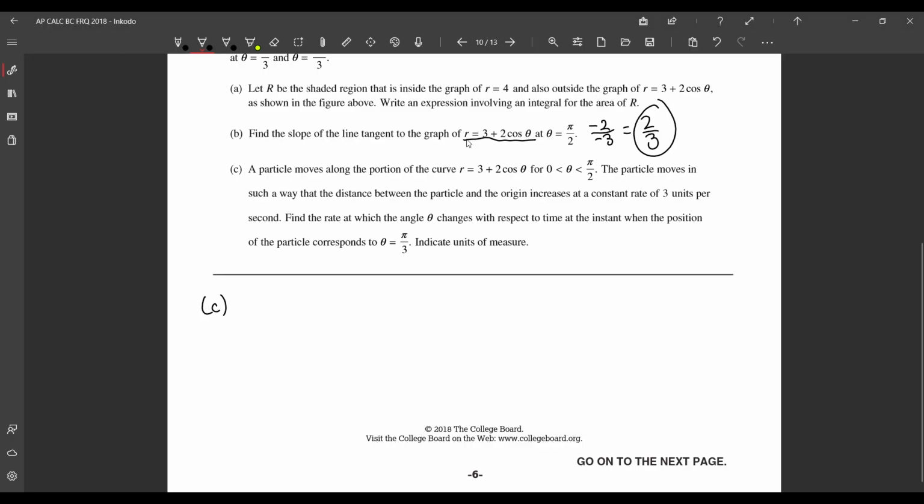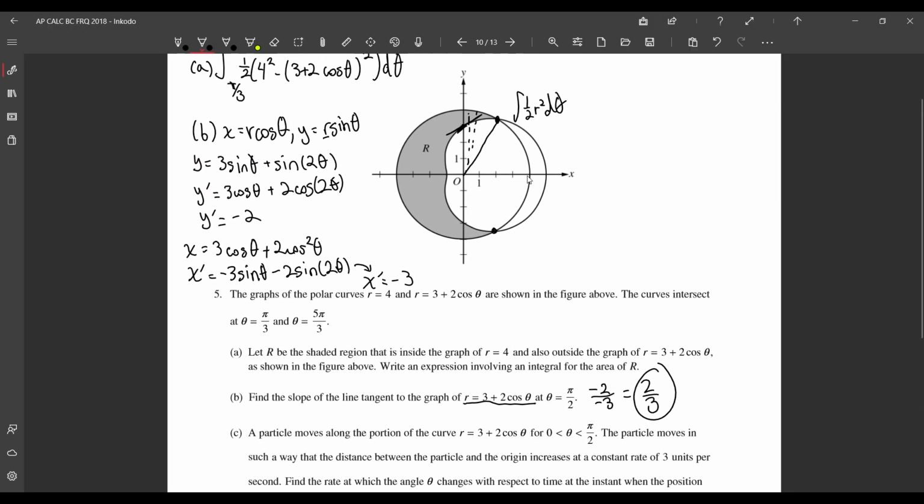Particle moves along the portion of all right, so we're moving from here. We're moving from here to here, okay? Traveling along this curve.